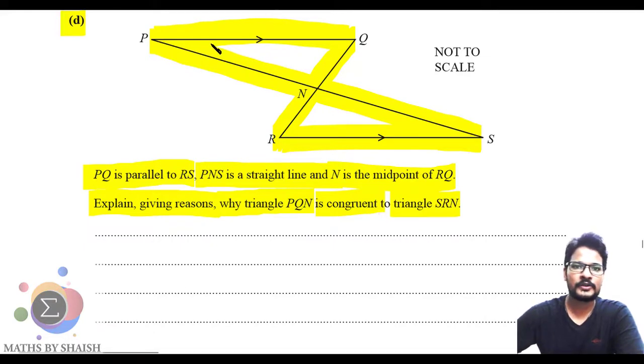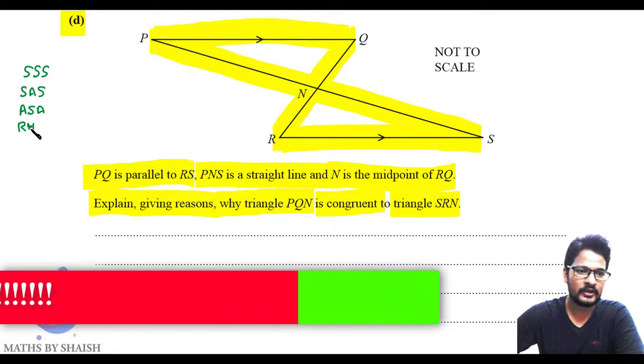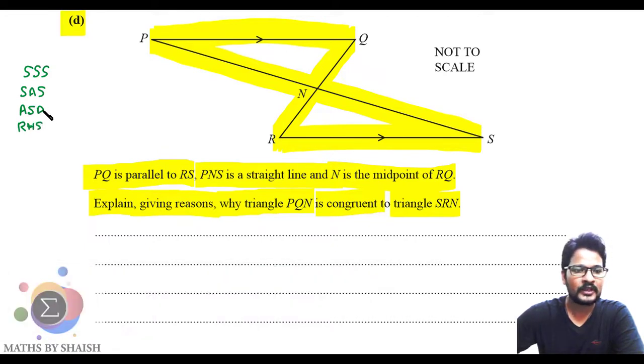So for the congruency rule criteria, we have SSS, side, angle, side, or angle, side, angle, and the last one right angle, hypotenuse, and one side. And we denote this sometimes by AAS as well.